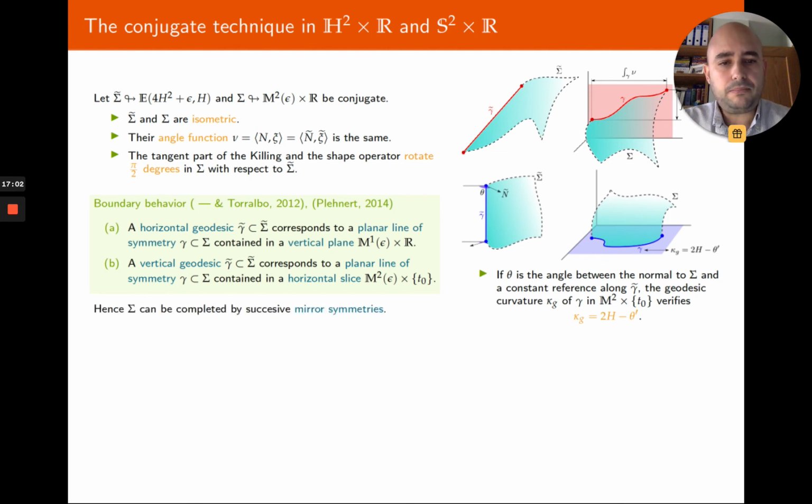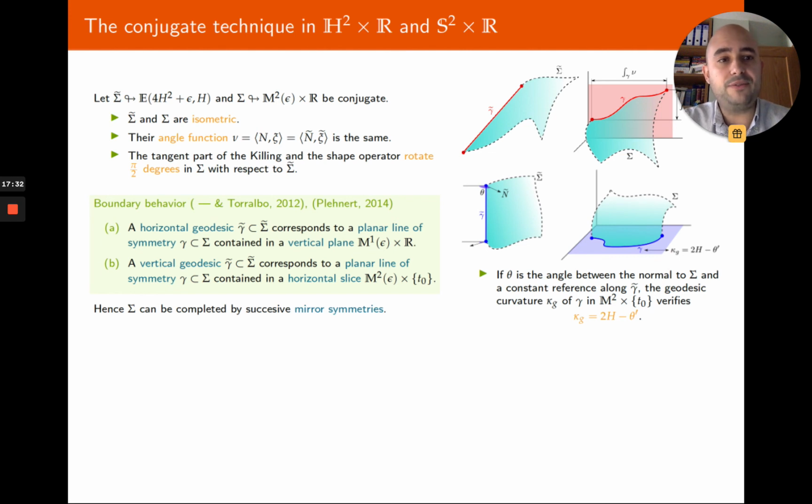So, if the original surface is bounded by vertical and horizontal geodesics, then it can be extended to a complete minimal surface by axial symmetries. And the corresponding H surface can be extended in that case by mirror symmetry about the vertical planes and horizontal planes in which its boundary is contained.